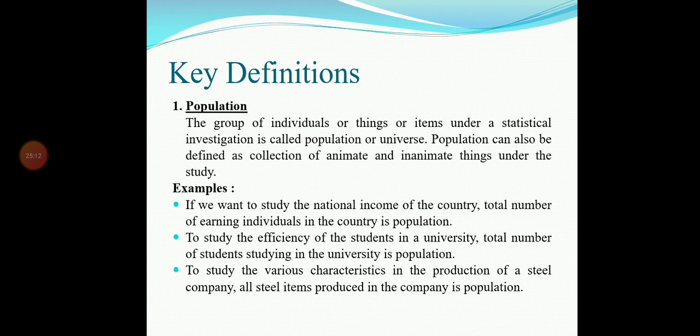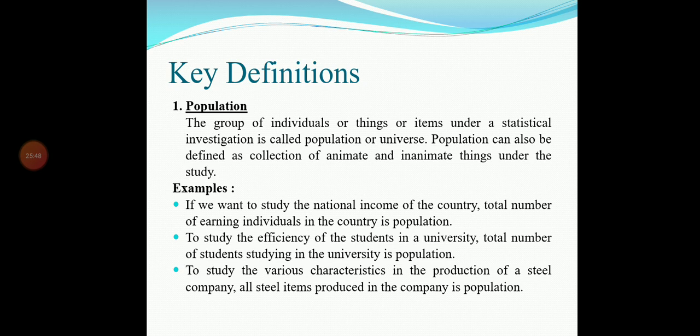Population can also be defined as a collection of animate or inanimate things under study. For example, if we want to study the national income, the total number of earning individuals in the country is considered as the population.